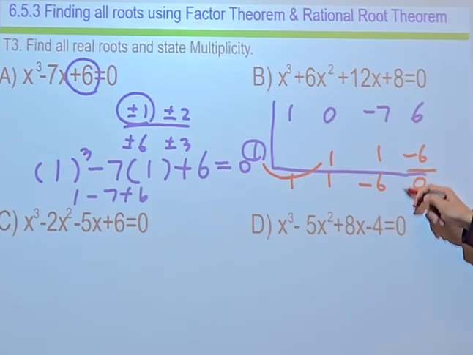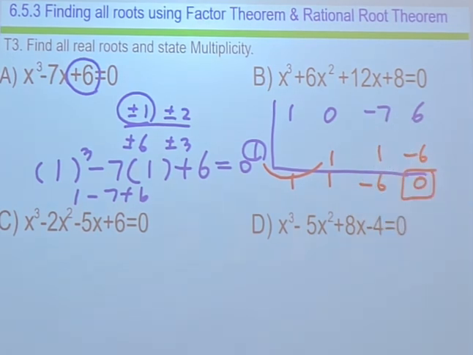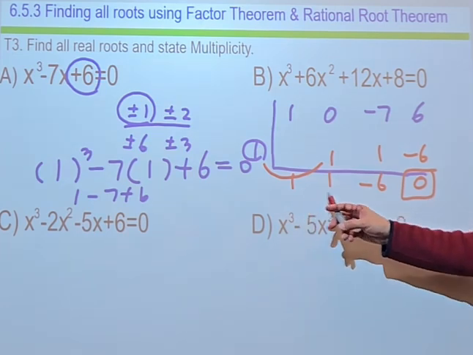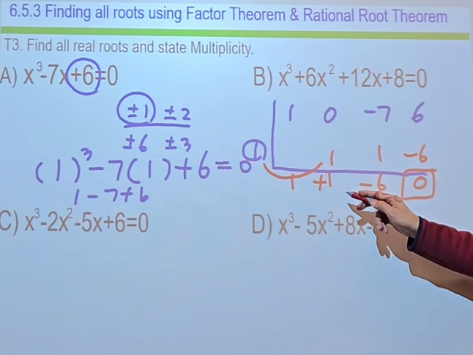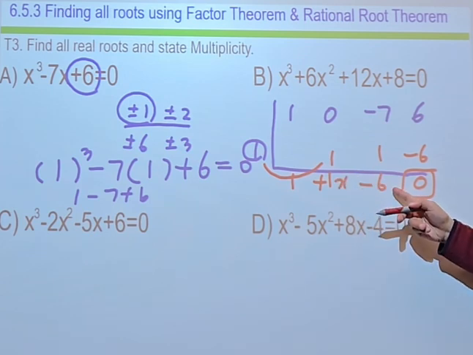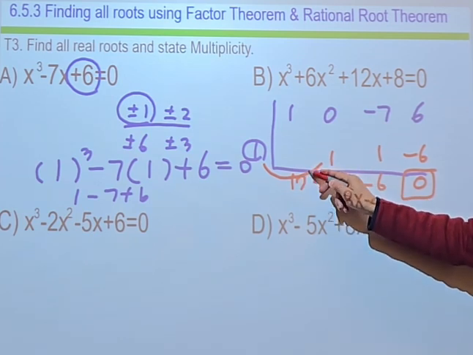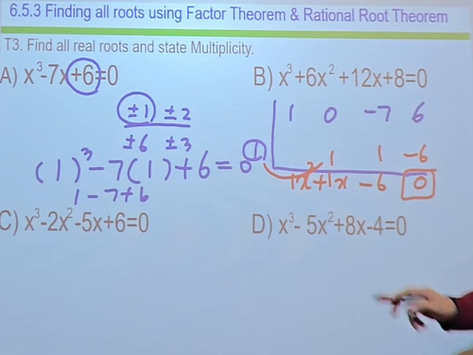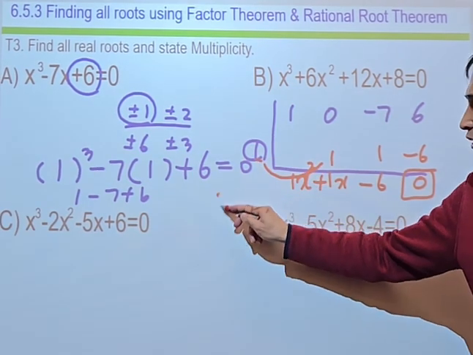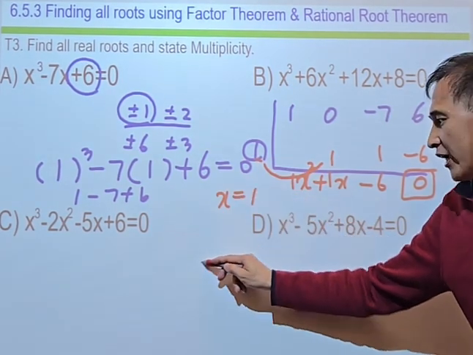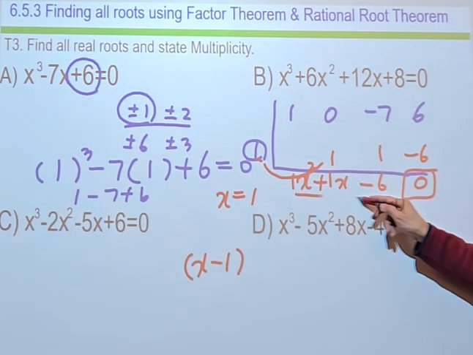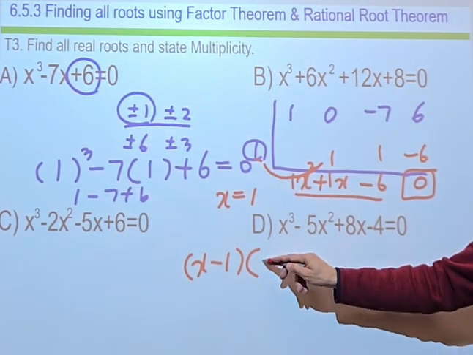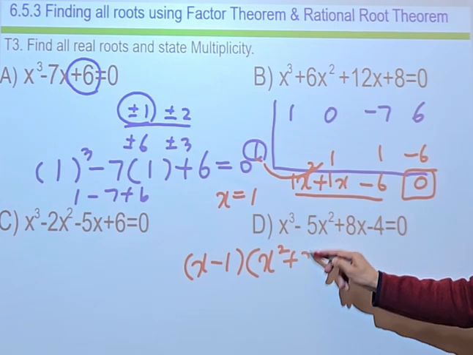That becomes 0, which means 1 is definitely a zero. And the rest will be a quadratic, so we write the coefficients, then the constant, first degree, second degree. From here, x equals 1 is a zero, which means x minus 1 is one factor, and the quotient we write here: x squared plus x minus 6.